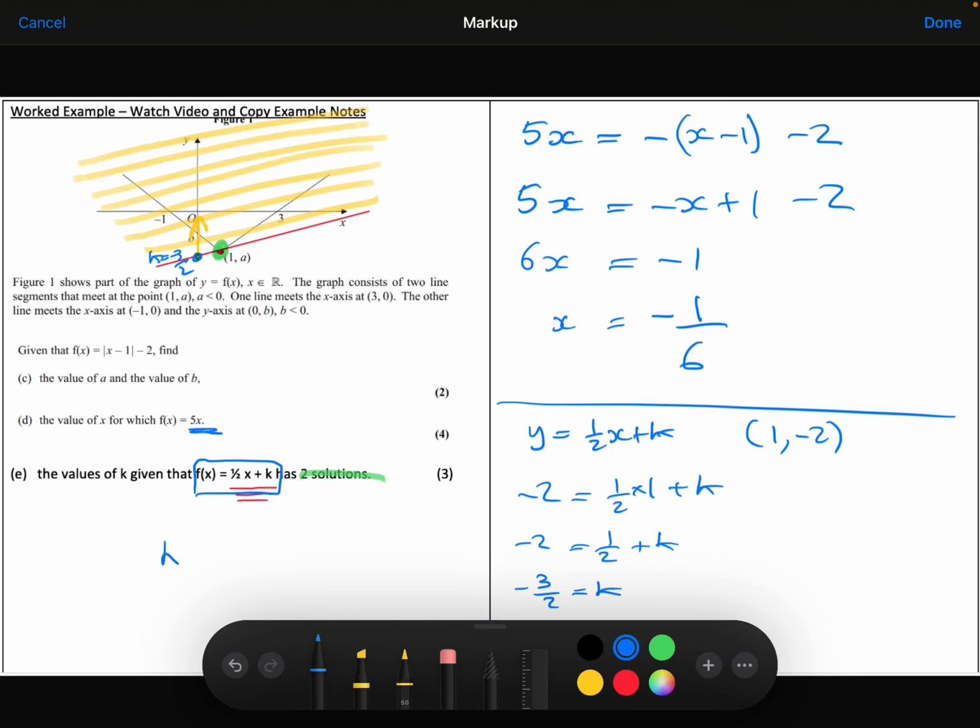So my answer is that k has to be greater than minus 3 over 2. The key thing with those sorts of questions is always looking at the vertex, and you can then decide whether k is bigger than, equal to, or less than minus 3 over 2, depending on whether you want two solutions, one solution, or no solutions.